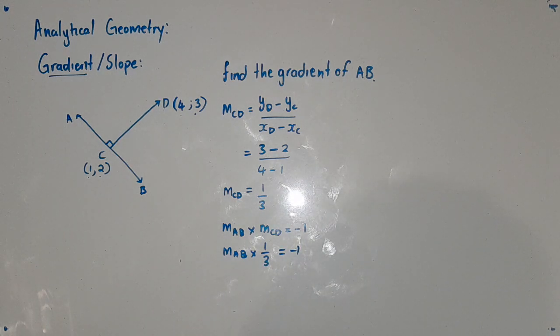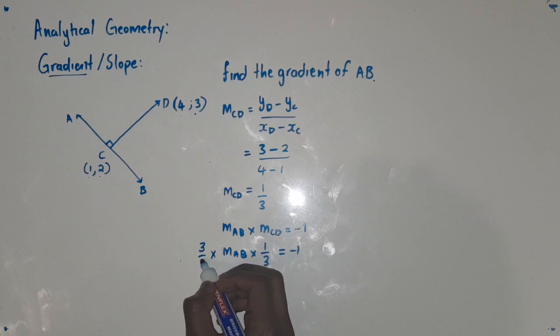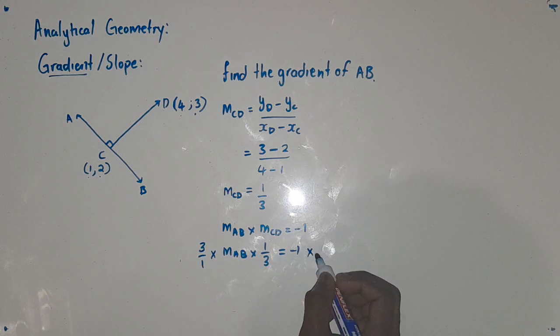In order for us to solve for this one, it depends on the individual. One learner will say, okay, let me multiply by the reciprocal of this, then it's going to be 3 over 1, even this side.